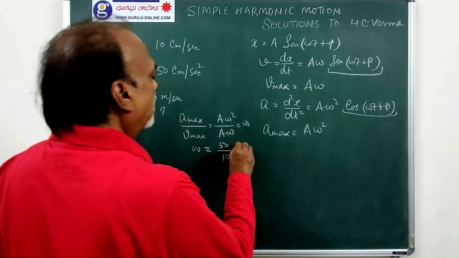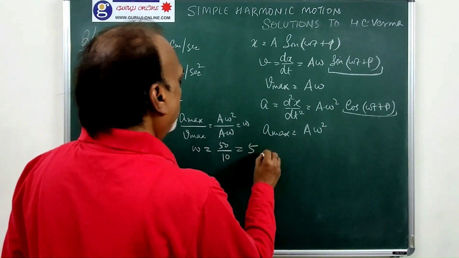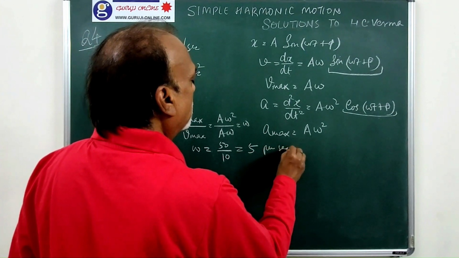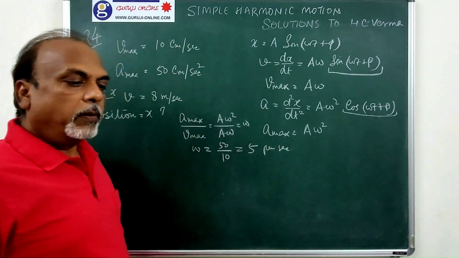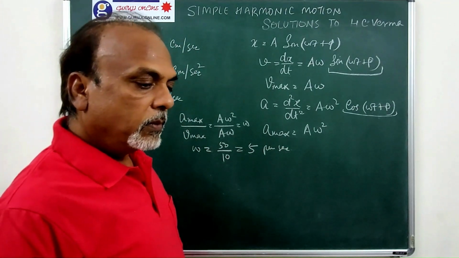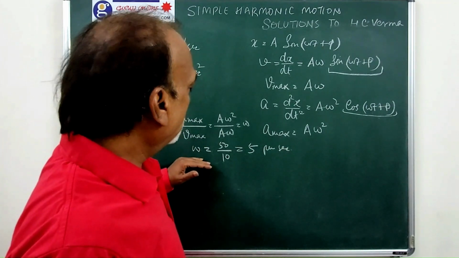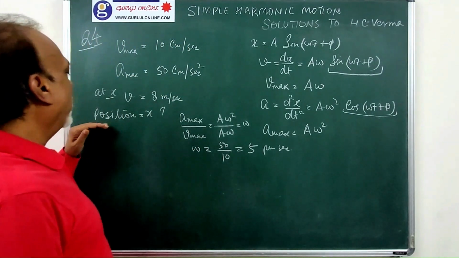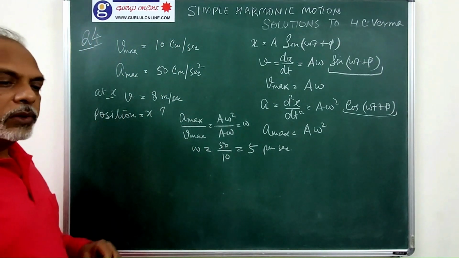That means it is 5 per second. So this is your omega. Why have we found it? Because we have to find the x.